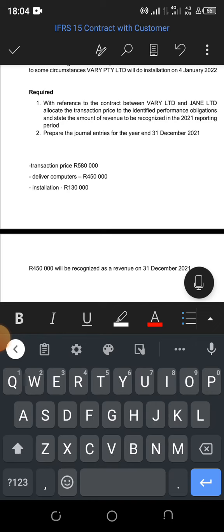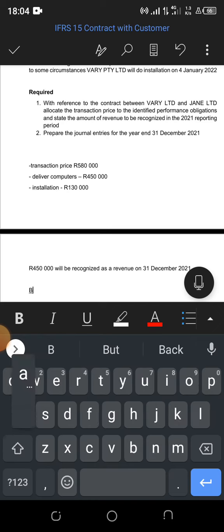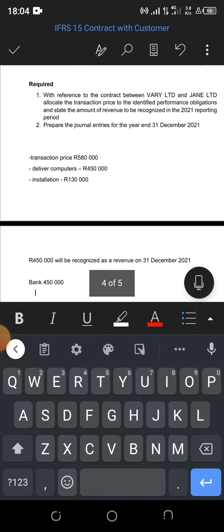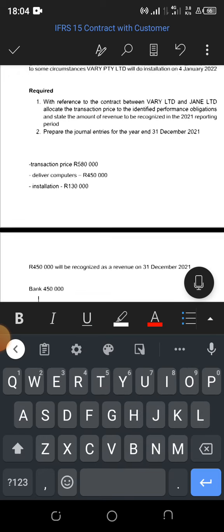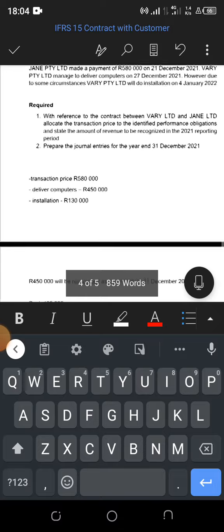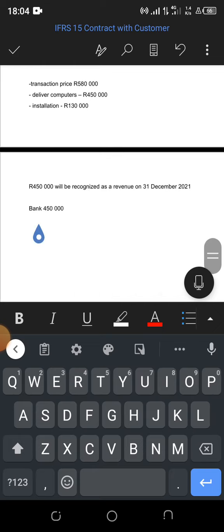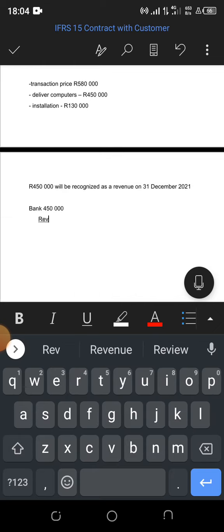which means that we have to prepare the journal, where we debit bank 450,000, and we credit an amount of 450 as revenue.